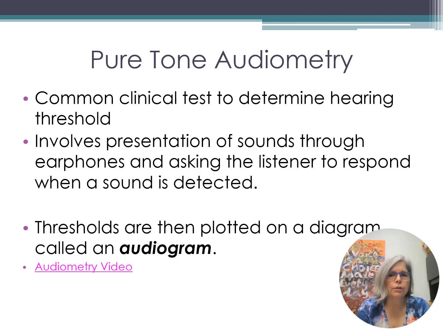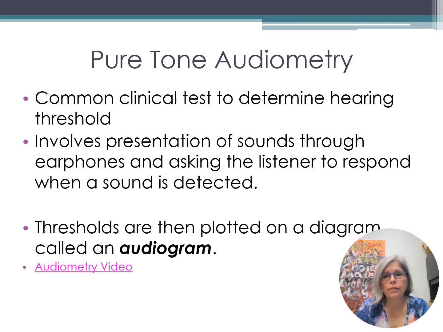Pure tone audiometry is the one test that we start with. That's our primary test. All others are intended to help delineate hearing loss more exactly. This gives us that first idea of whether there's a hearing loss or not. It's the most common clinical test to determine the hearing threshold. We present sounds through earphones and ask the listener to respond when the sound is detected.